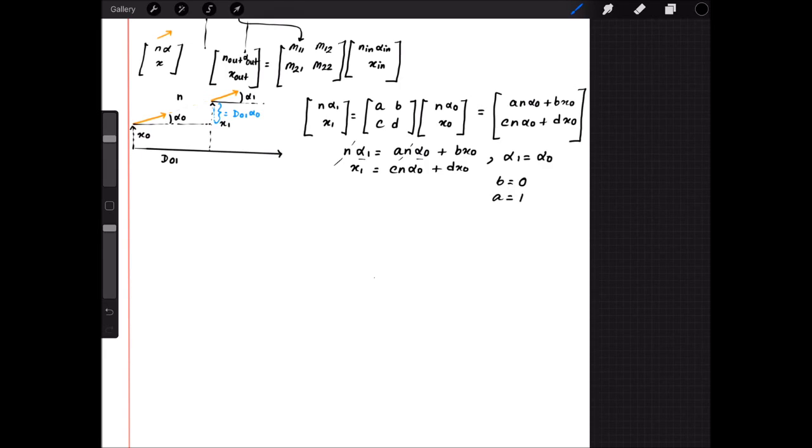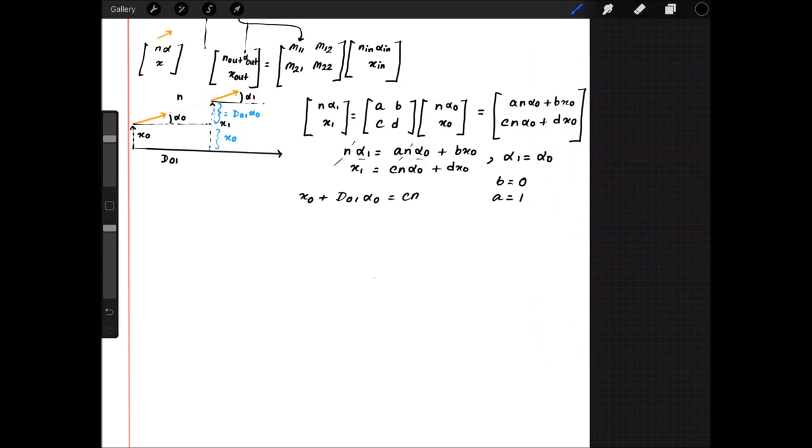From the second equation, we can write x1 equals c n alpha naught plus d x naught. So we had x1 equals d01 alpha naught plus x naught from the geometry. So x naught plus d01 alpha naught, and that is equal to what we had here.